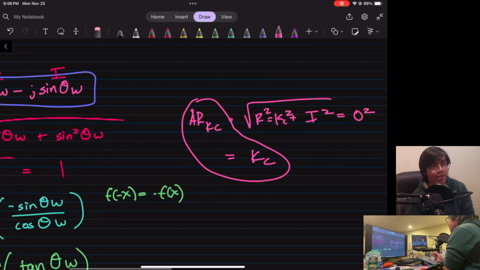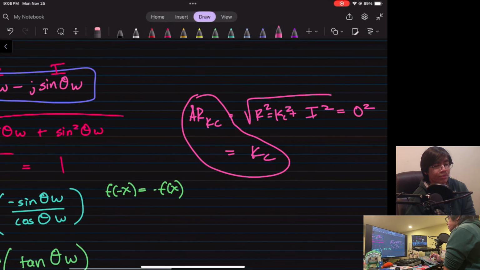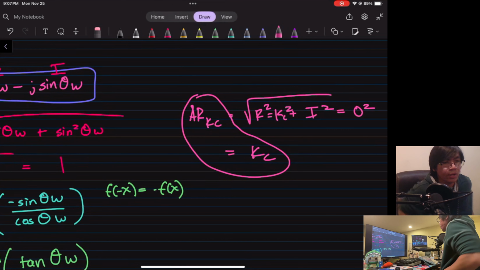If Kc is originally 10, and we decrease it to 1, that's a factor of 10. You're dividing by 10, so you'd shift down 1 for the amplitude ratio, since that's in terms of log.